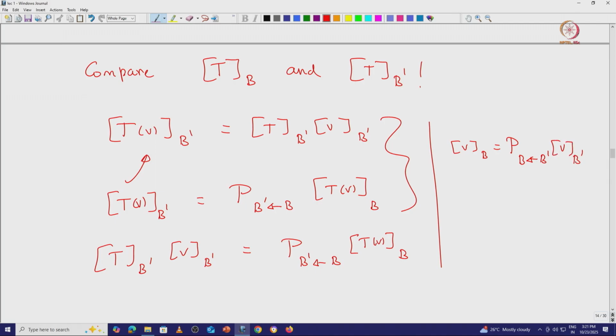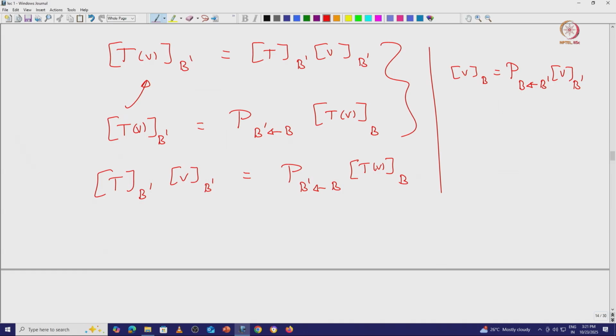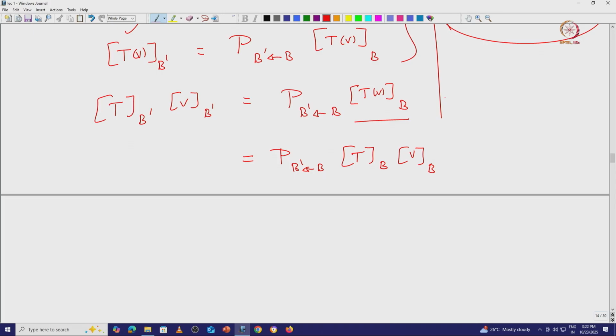So, if we just substitute that and then rewrite, we get here P_{B'B} T_B [V]_B. So, now for this coordinates of V with respect to B we use this.